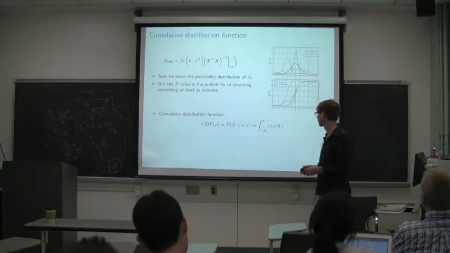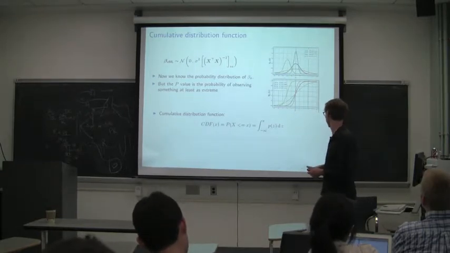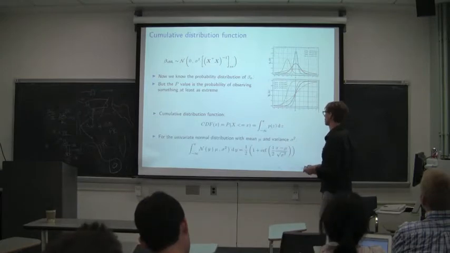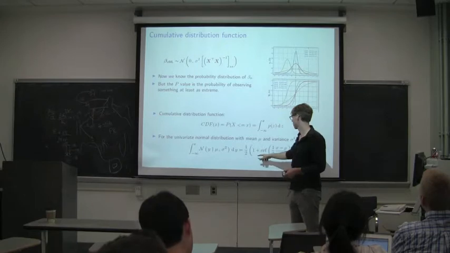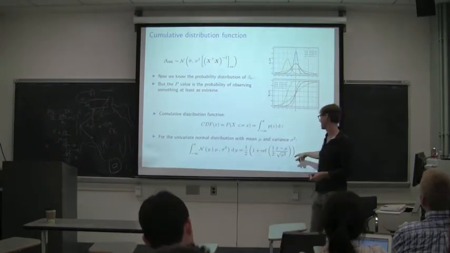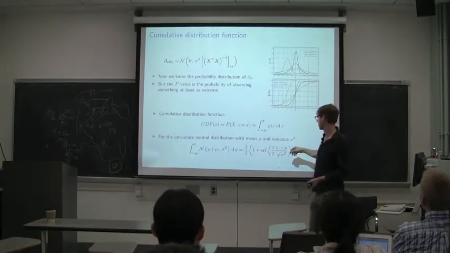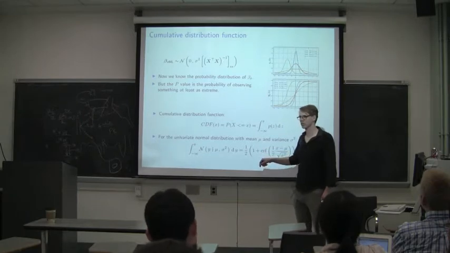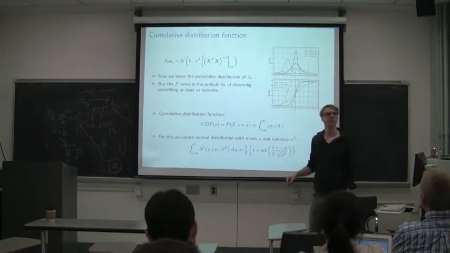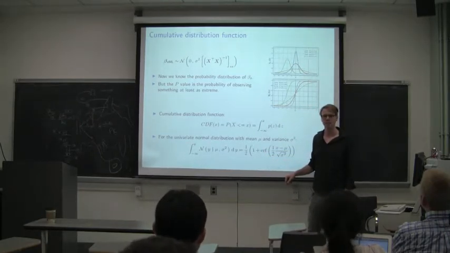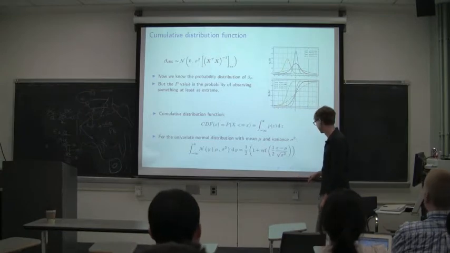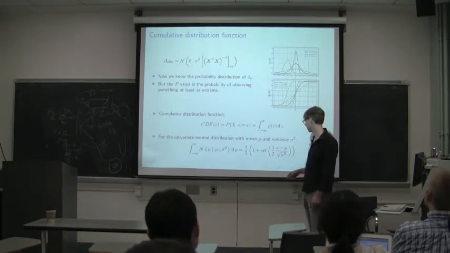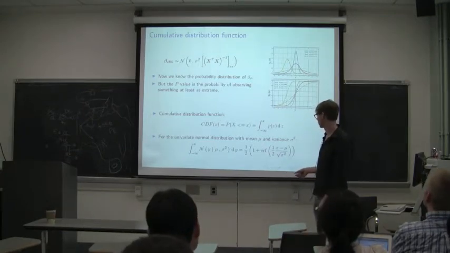Well, for the univariate normal distribution with mean and variance sigma squared, the cumulative distribution function looks like this, where this is the so-called ERF. What's ERF again? Well, it's the integral over the standard normal, basically. It's the error function. It's just the Gaussian integral.